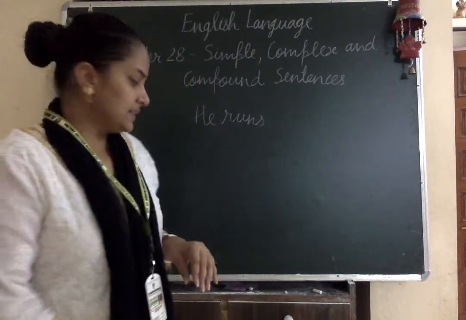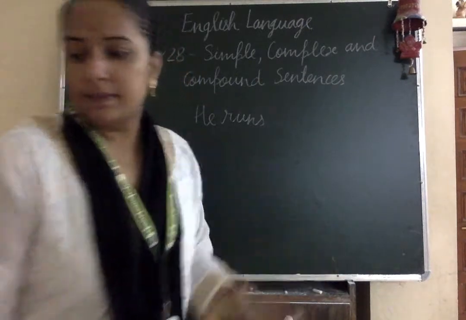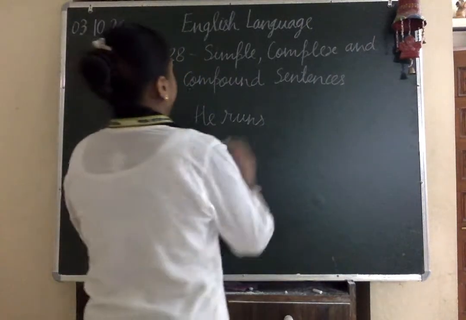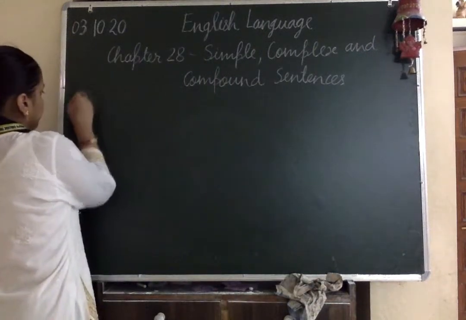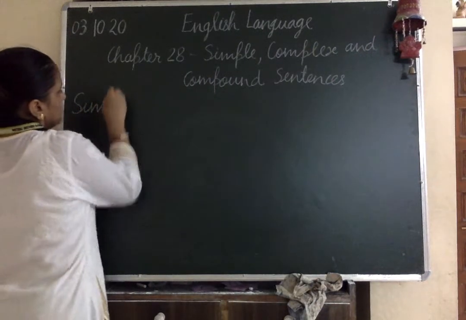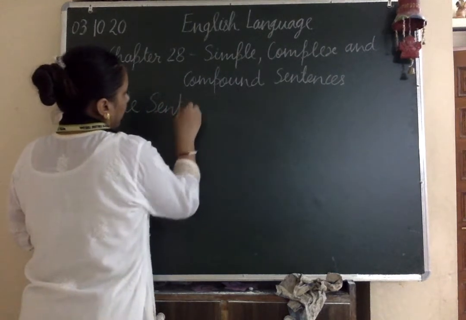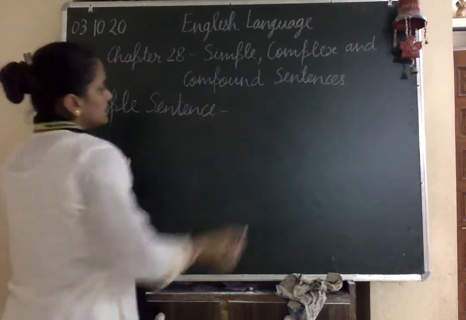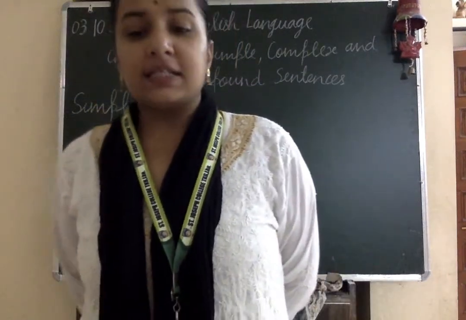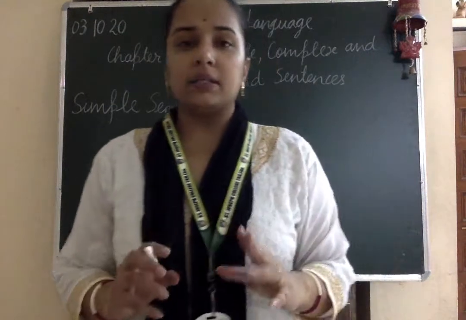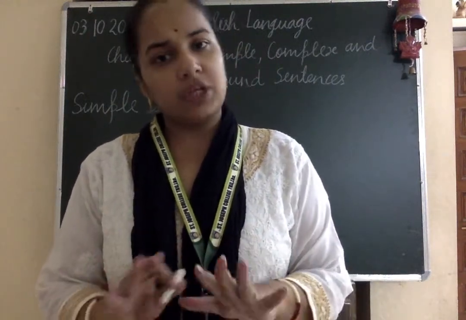So first we will start with the simple sentence. Now, what is a simple sentence? A simple sentence contains one finite verb and the subject, that's all.